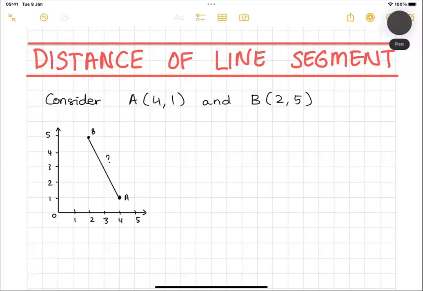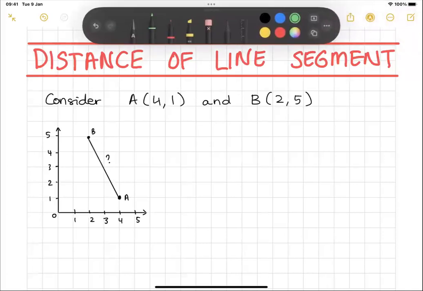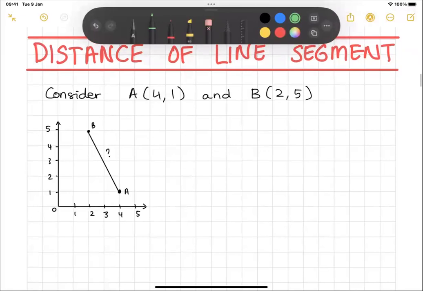Now, to figure out the length of that line, there's actually another way for me to get from point A to point B without going through it directly. One of the ways is going from point A across, and then going up. See here, it looks like a right angle triangle.